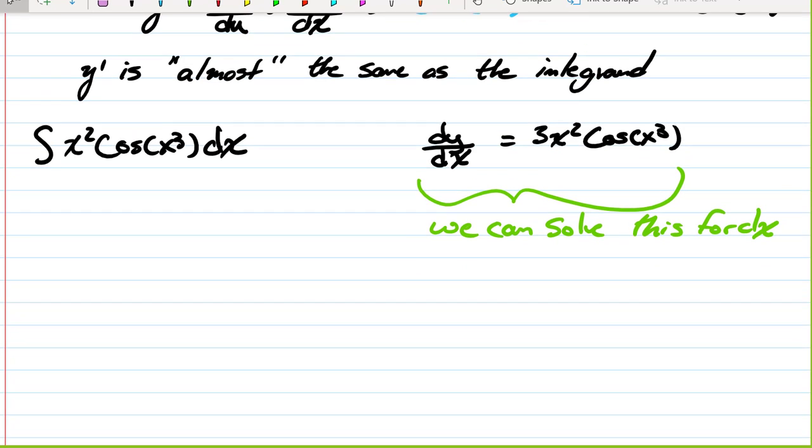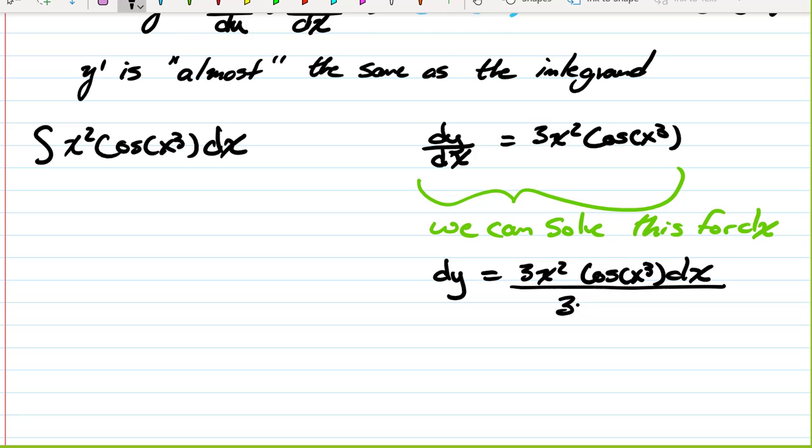If we wanted to solve that equation for dx, we would multiply both sides by dx, and that gives us dy is equal to 3x squared cosine x cubed dx, and then we would divide by 3x squared cosine x cubed, but if I do it on one side, I have to do the same thing to the other.